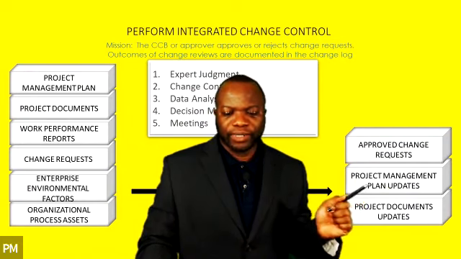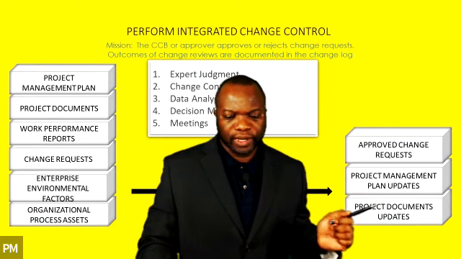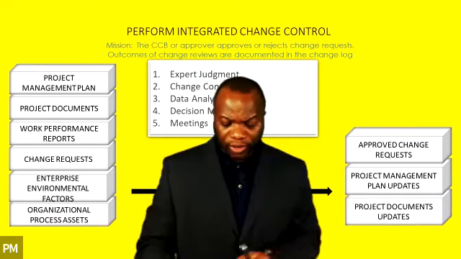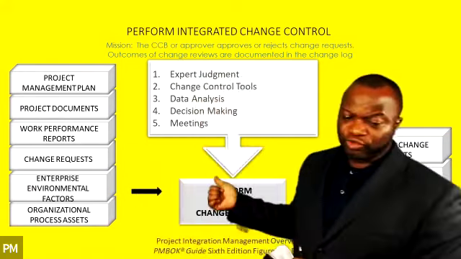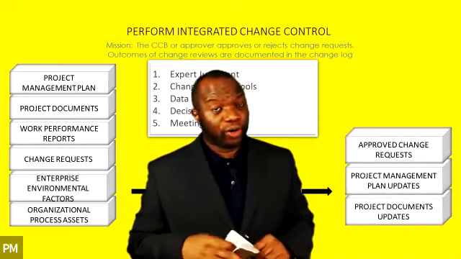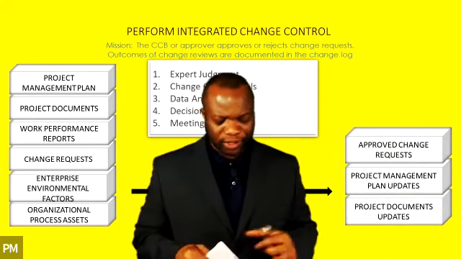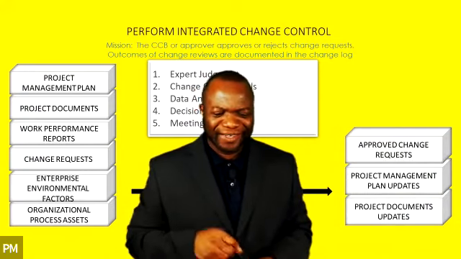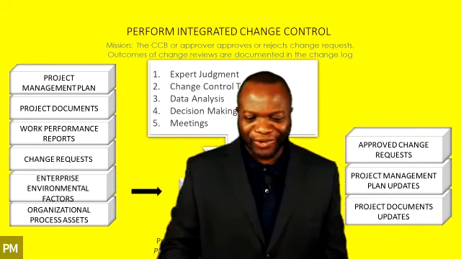Project management plan updates and project documents updates, of course, they need no introduction, okay? And of course, you know the process of discussion is really performing integrated change control. So when you see me in front of the process, always have it in the back of your mind. That's what we're talking about, just to make sure you are not forgetting what we're doing here.